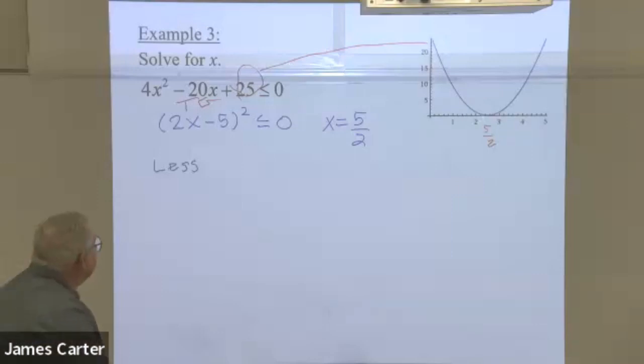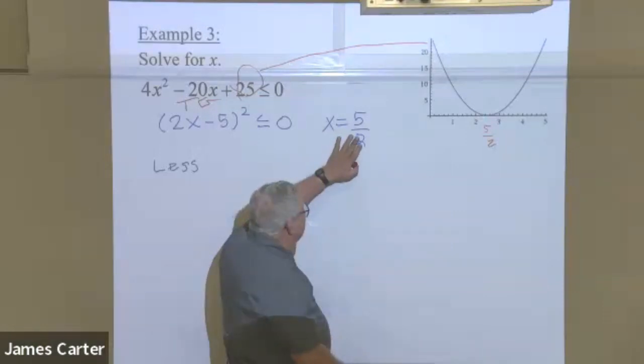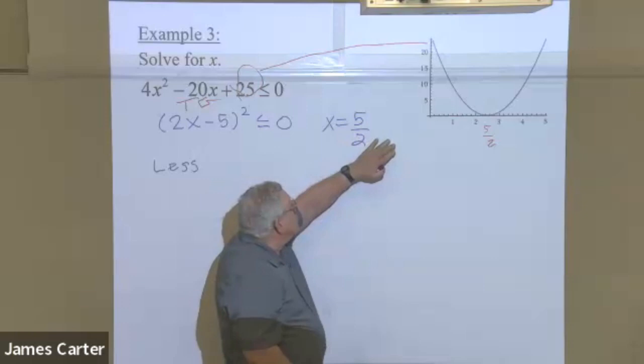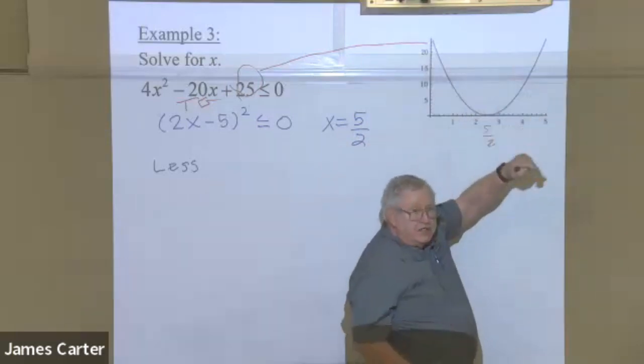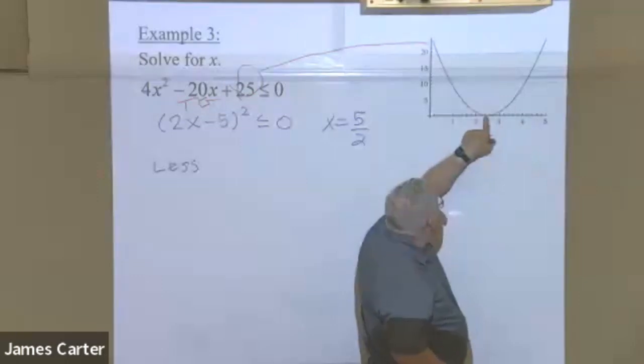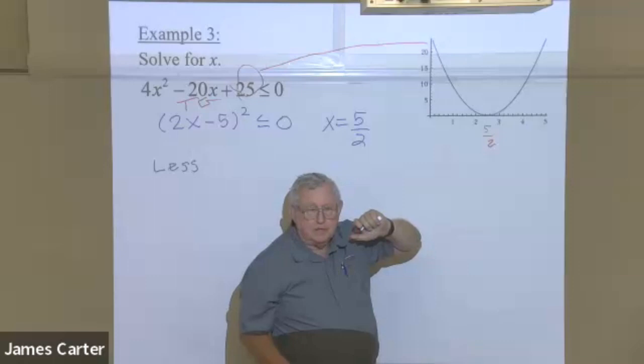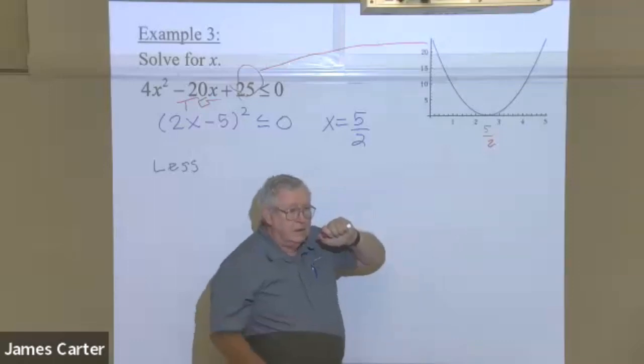So the only answer to this actually is this one point, because none of that up there is included in that less than or equal, except that one point right there where it touches because of the equality. Okay.